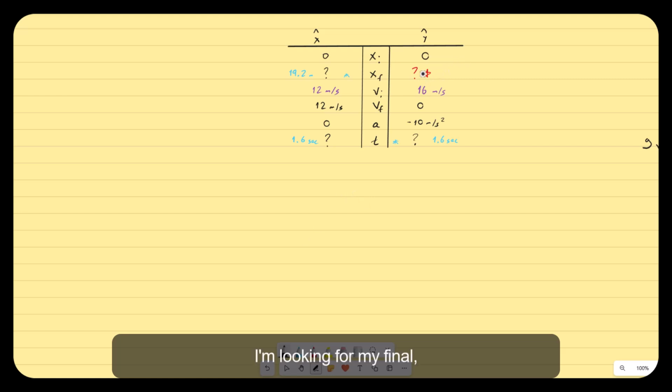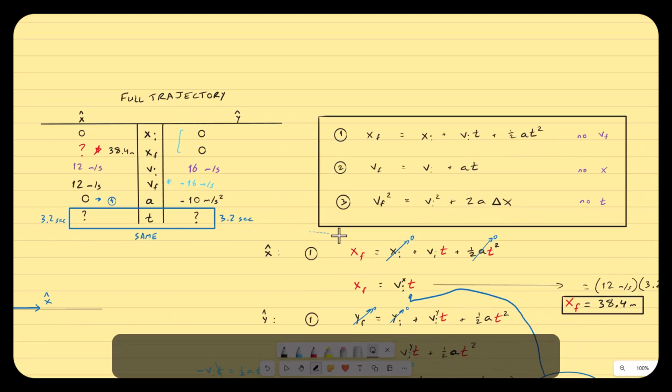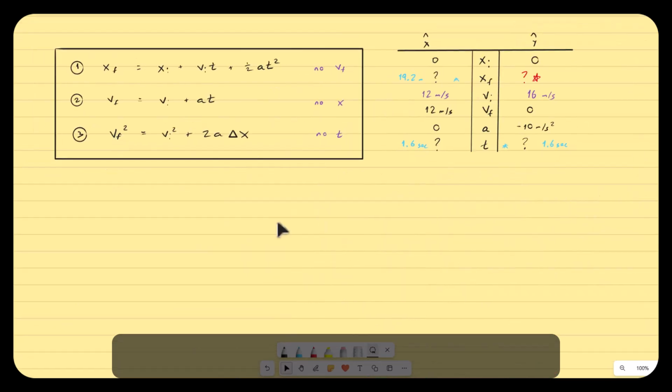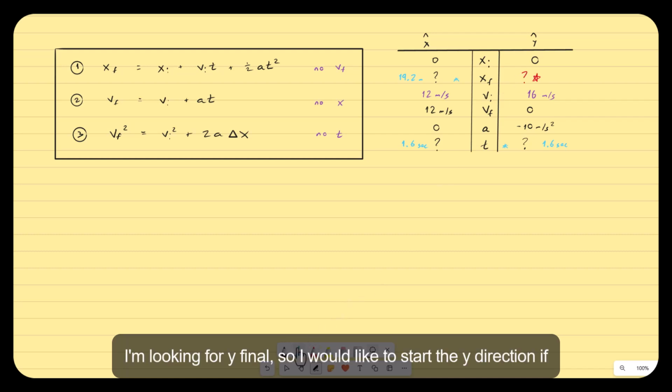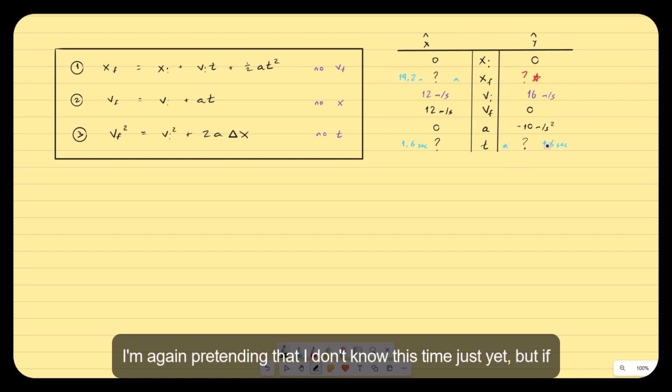I'm looking for y final, and I'm going to grab these same equations. I already wrote them once. I'm looking for y final, so I would like to start with the y direction if I can. I'm again pretending that I don't know this time just yet, but if I don't know the time and I'm looking for y final, I can use equation 3, and that'll work.